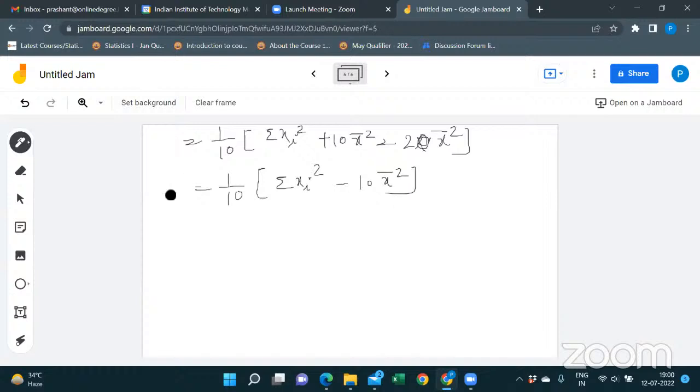And if you remember the formula directly, 1 by n summation of xi square minus n times x bar square after expansion of sigma square, then we can put directly 1 by 10 summation xi square, with n as 10 and x bar square. Is this clear?